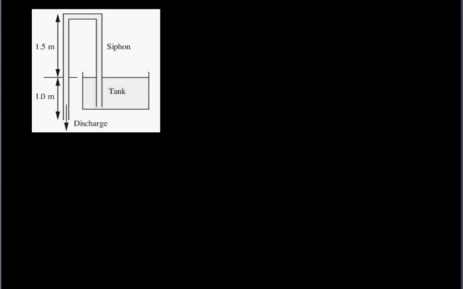Okay, the first thing that I usually like to do is just make sure that I understand the drawing, and that I label points accordingly. We're interested in the discharge velocity, so I'm going to call this point 1, and this point 2.